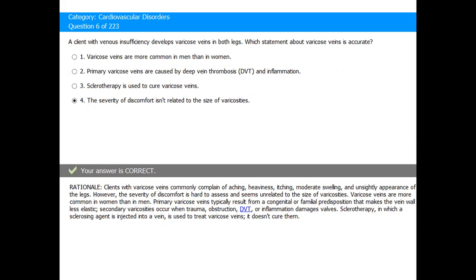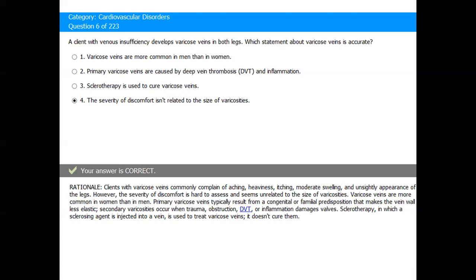A problem the patient carries from birth, and their wall is weaker, so the vein is easily dilated, and blood goes there and stays for a longer time and causes the problem.